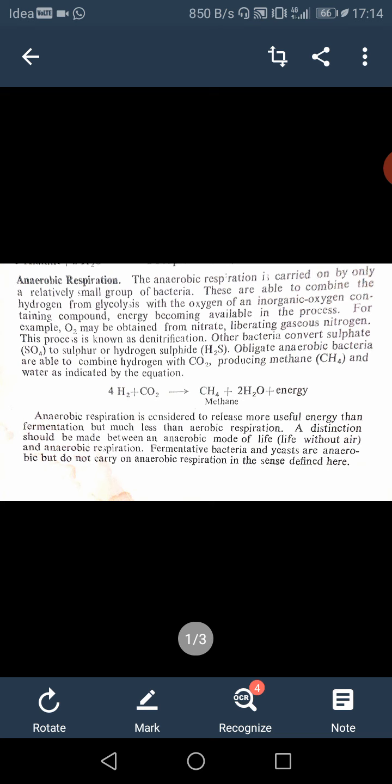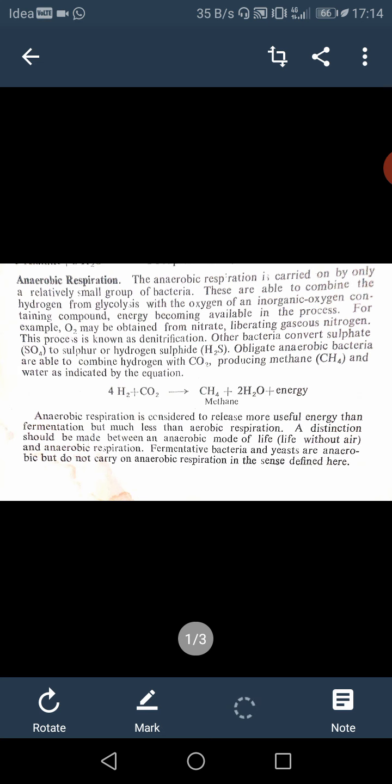During anaerobic respiration, glucose is not completely oxidized into carbon dioxide and water, but instead undergoes incomplete oxidation and forms various intermediary products. Energy is also released in the process. In such a case, the chemical changes involved may be represented by the following equation.